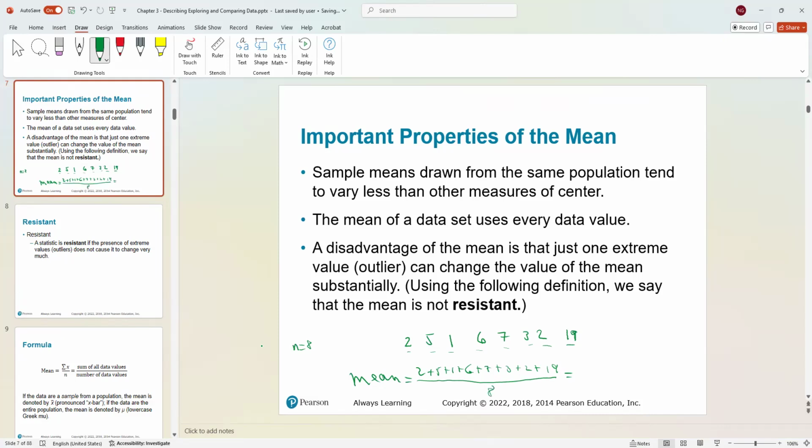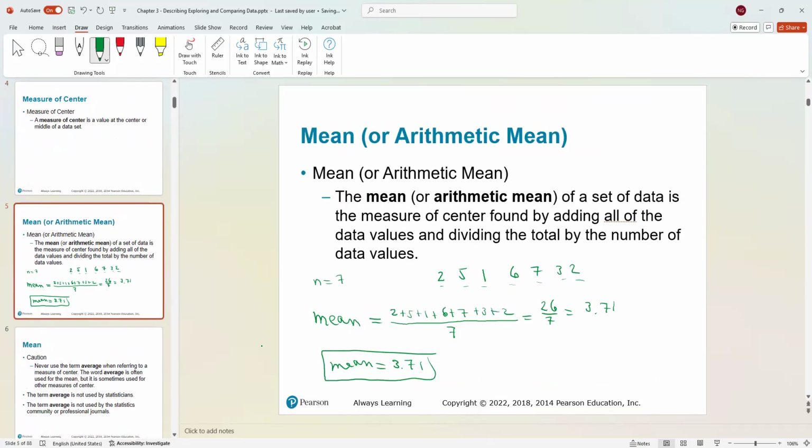The top part would be 26 plus 19, that gives you 45 over 8. The average would be 5.625. So that would be the mean. Look at the previous mean. The previous mean was only 3.71.